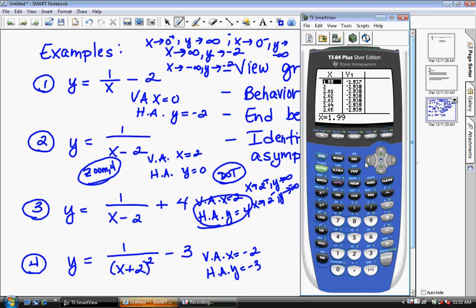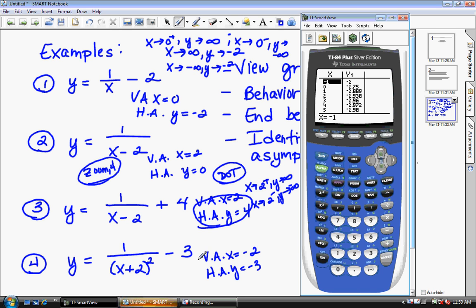Again, you can confirm on the graph. Let's go back to changing our table setup to start at 0 and increment by 1. And then go back to the graph or table. Let me get this on here.